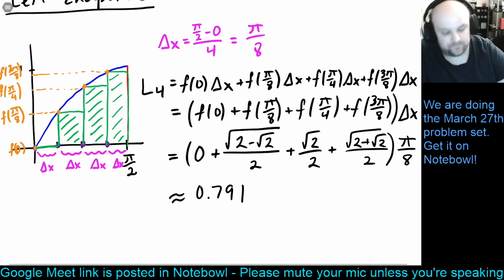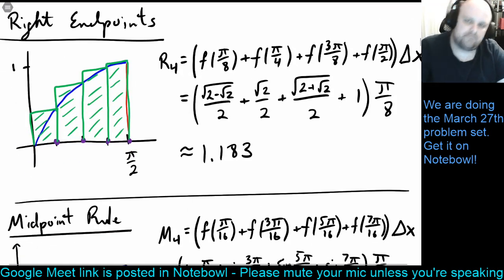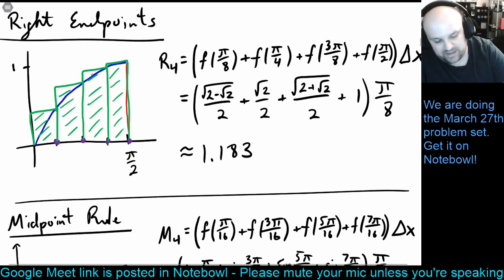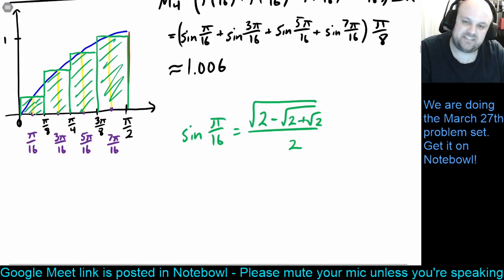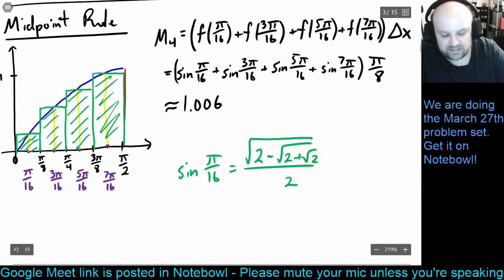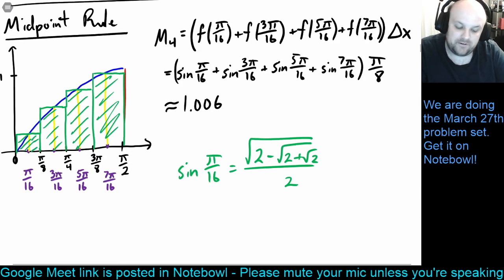We go to the right endpoints, we get a decent sized overestimate because we have all this overhang, right? And then the midpoint rule kind of splits the difference. Each rectangle gives a little bit of overhang, but a little bit of gap, and those do a decent job of averaging each other out.